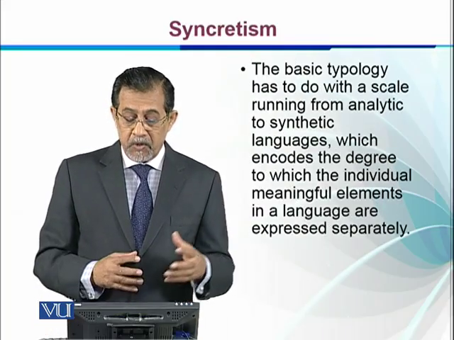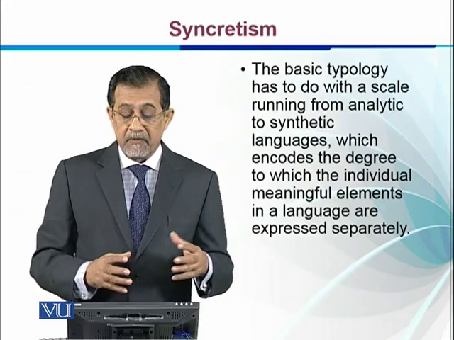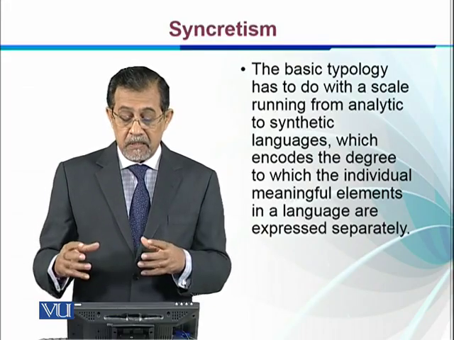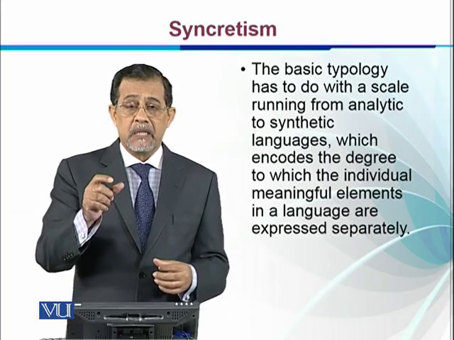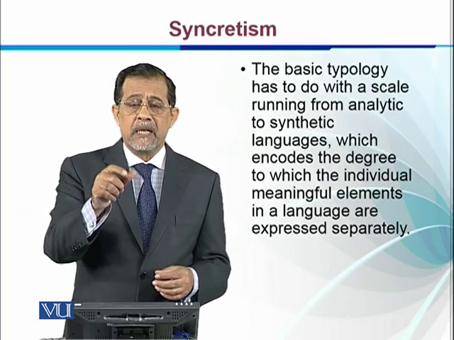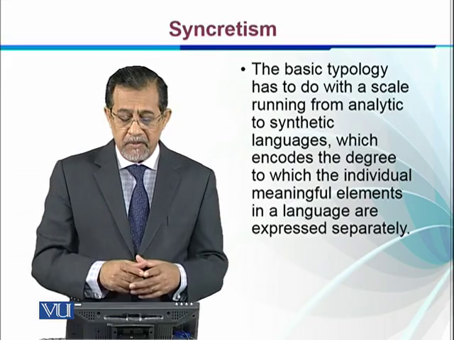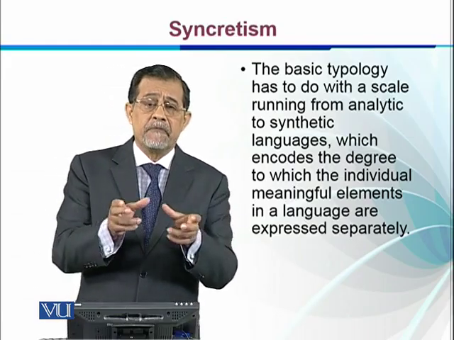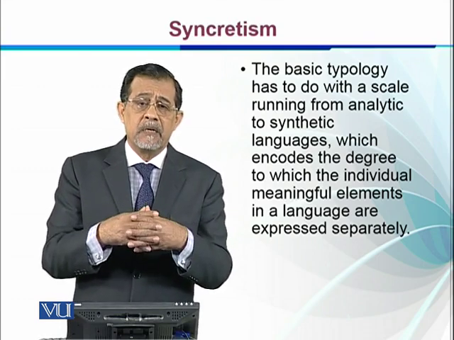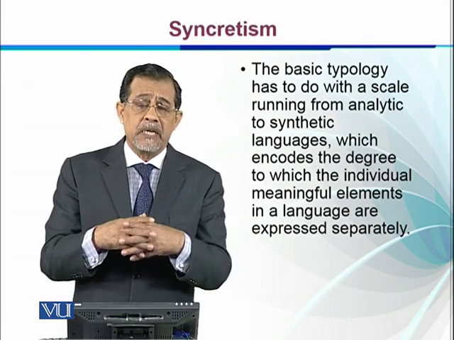The basic typology has to do with the scale running from analytic to synthetic languages. Analytic languages are the languages in which we can analyze the components separately, and synthetic languages are the languages in which different aspects of the words or sentence are combined.